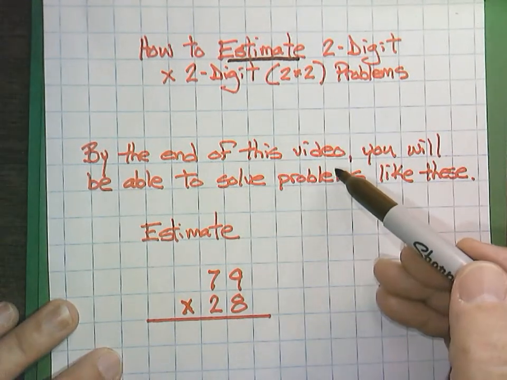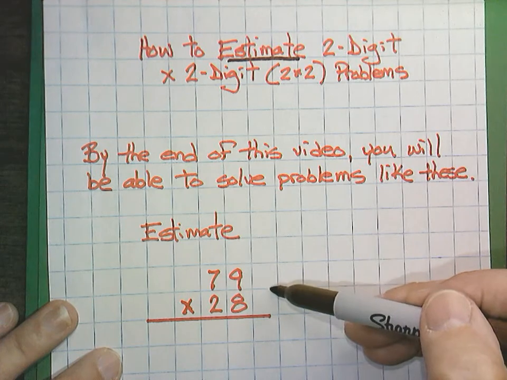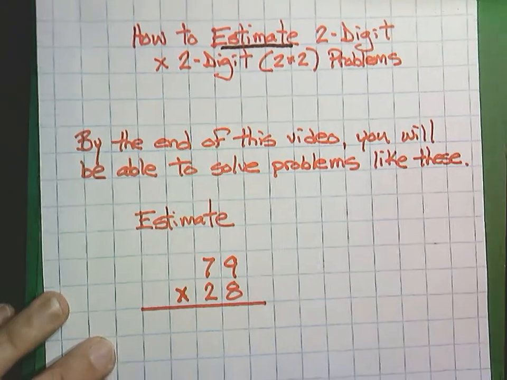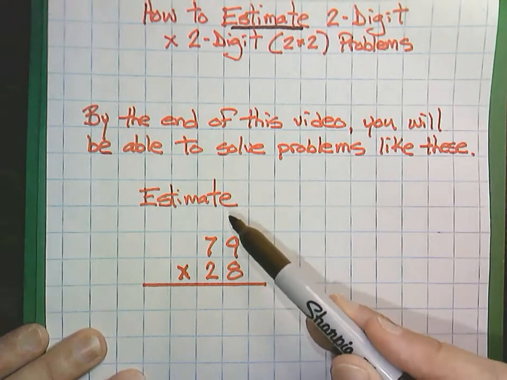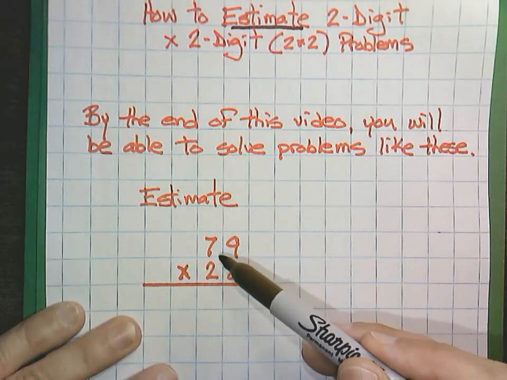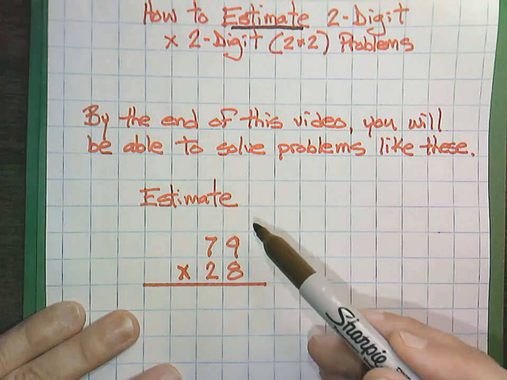By the end of this video, hopefully you'll be able to solve problems like this. We've done estimating before, so this is in part a review. Estimate 79 times 28. Estimate means we're going to round.